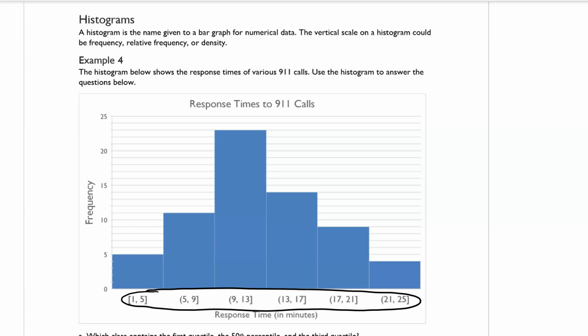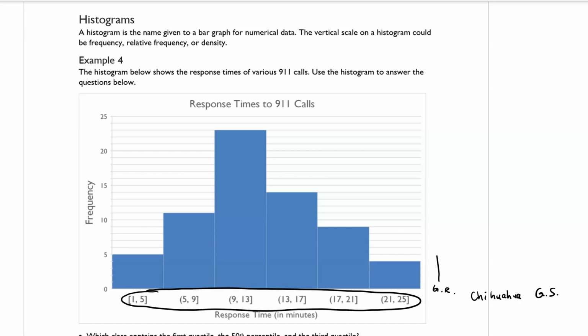So that's why we have these intervals versus if we were measuring categorical variables. For example, if I was measuring dog breeds in a state, if I had a Chihuahua and maybe a German Shepherd, and some other ones. I'm trying to think of a dog right now. Golden Retriever.